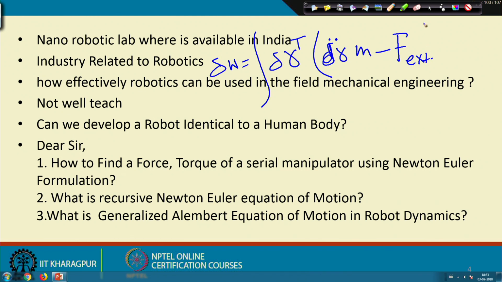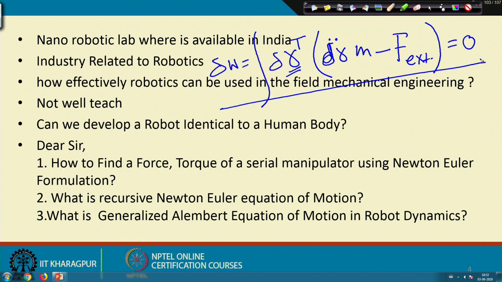So, R represents the displacement, R double dot is nothing but the acceleration. This is the elemental mass and this is the external force which is acting on that particular small element, and this we put equal to 0. So, this is actually the D'Alembert's principle which is generally used to derive the joint torques and forces.